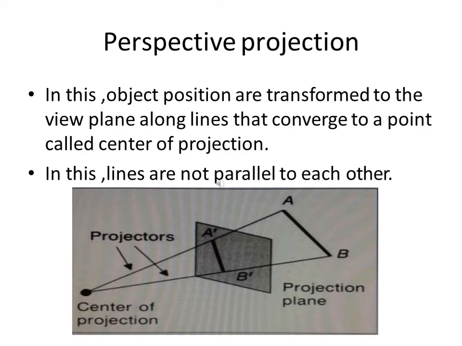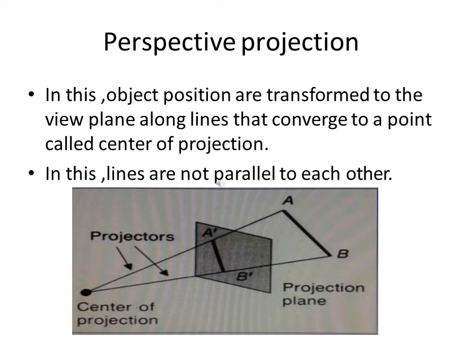The characteristic of perspective projection is that the distance between the object and the projection center is finite. In this, it is difficult to define the actual size and shape of the object. The perspective projection has the concept of vanishing points.